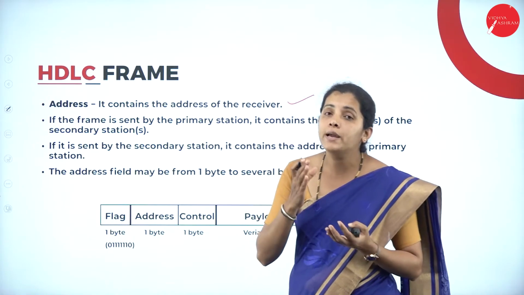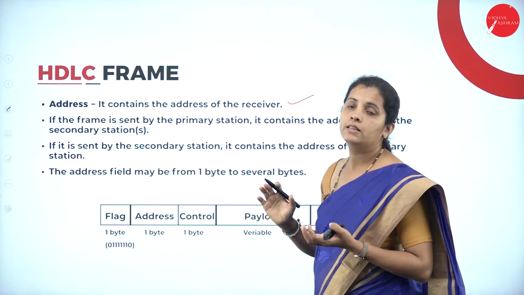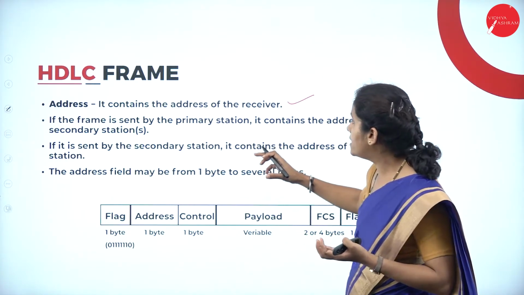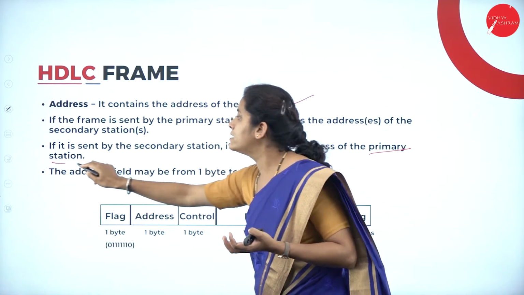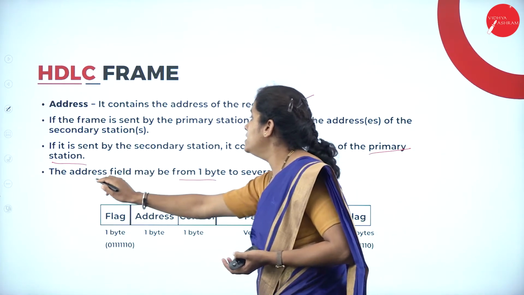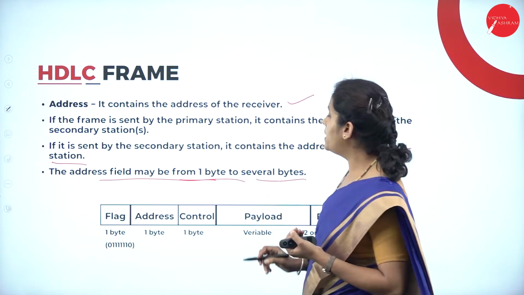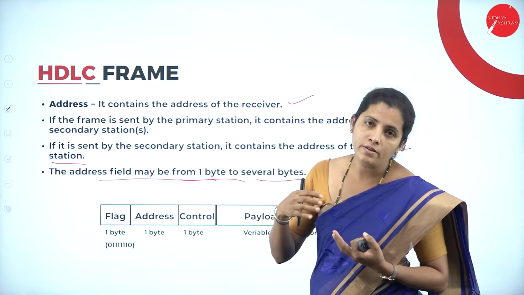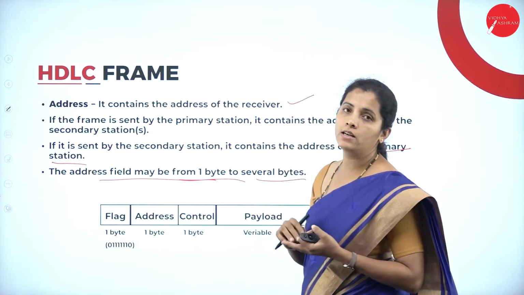If the frame is sent by the secondary station, then it holds the address of the primary station. The address field may be from 1 byte to several bytes, so it is not fixed.